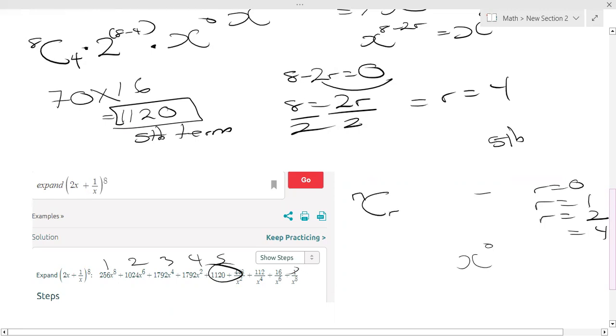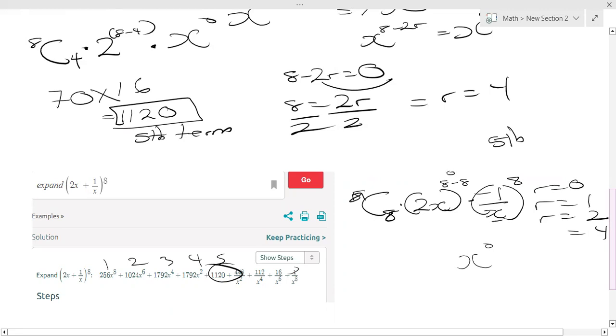At that point, r will be equal to n, which is 8, and then we have 2x raised to power n minus r, which is 8 minus 8, times 1 over x raised to power r, which is 8. Okay, so this becomes 0.